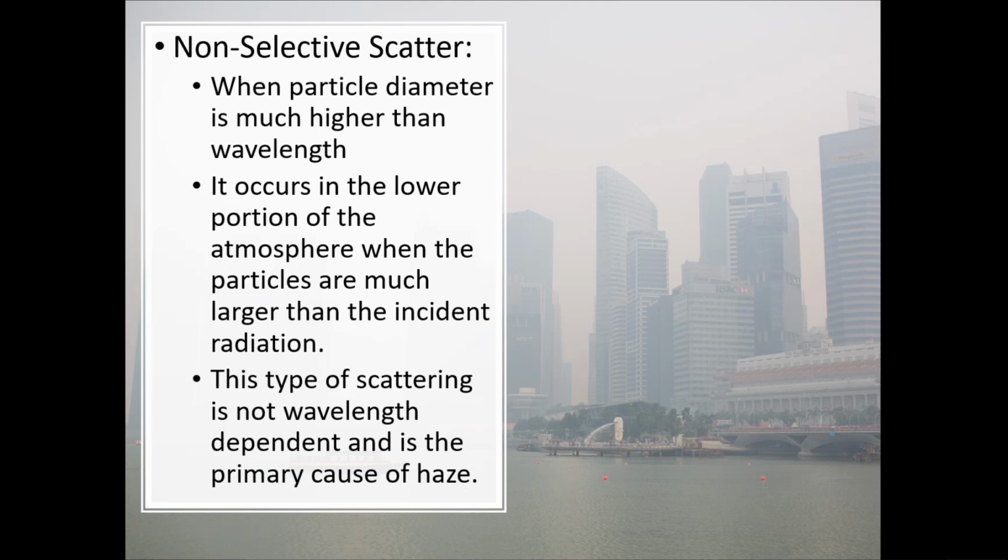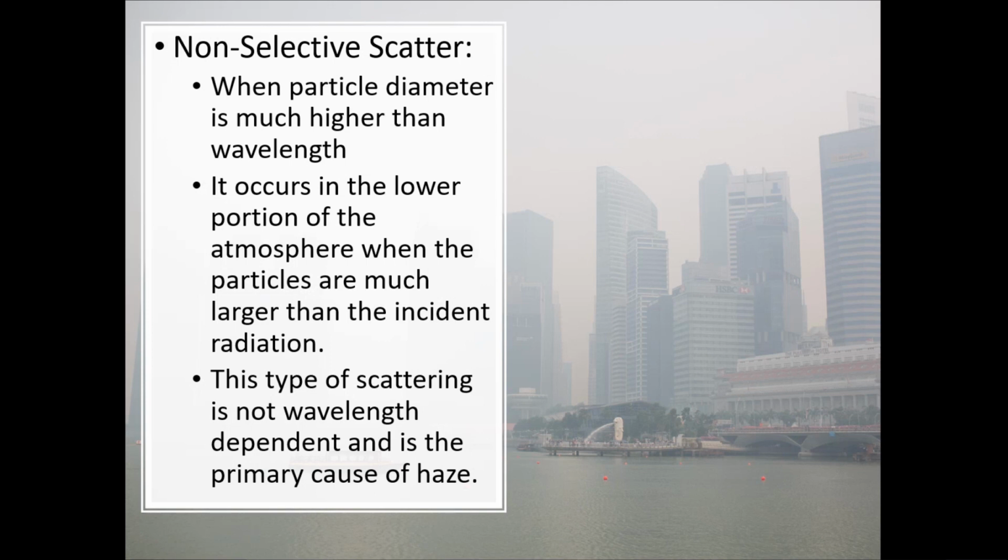As you can see in the background image, you can see a hazy image, isn't it? Can you see this image? You can see a hazy or foggy image. Why? Because there is a lot of humidity, or there are a lot of dust particles or smoky conditions where the incident energy is non-selectively scattered. That is, the longer wavelengths, shorter wavelengths, medium wavelengths, everything is scattered equally in this condition.